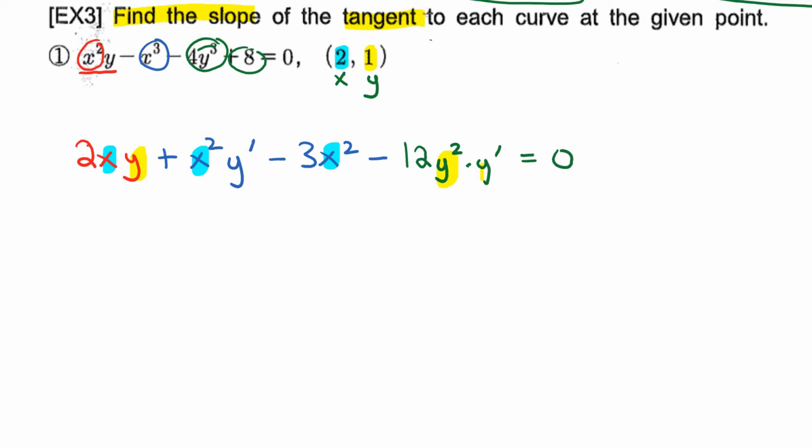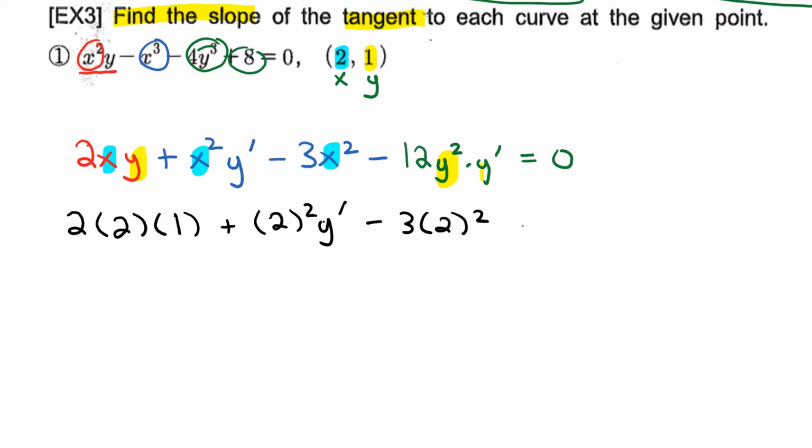So if I do that correctly here, that'll be 2 times, well, the x value is 2, so it'll be 2 times 2, and the y value is 1, plus the x value here is 2, so it'll be 2 squared times y prime. And then minus 3 times 2 squared minus 12 times 1 squared times y prime equals 0.